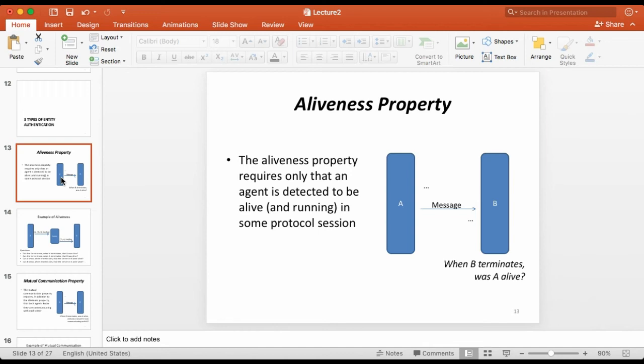Suppose I'm trying to talk to you. I don't really need any other assurance other than knowing that you are alive and running at the other end of the protocol. That's the simplest, most basic property. Notice also that in all these forms of properties that we discuss, they only hold when the protocol terminates.